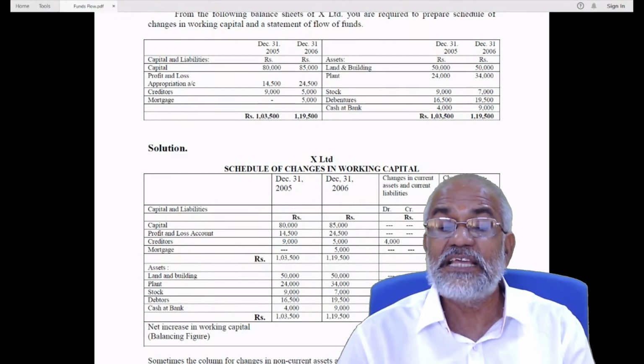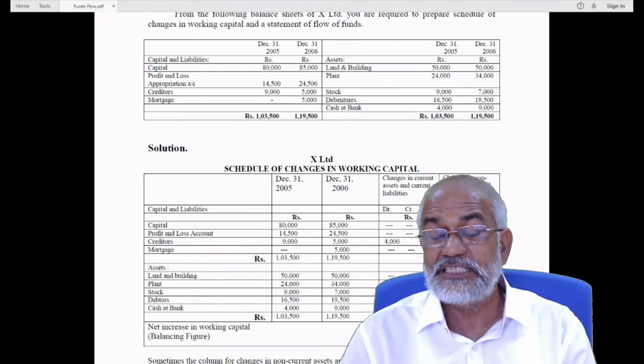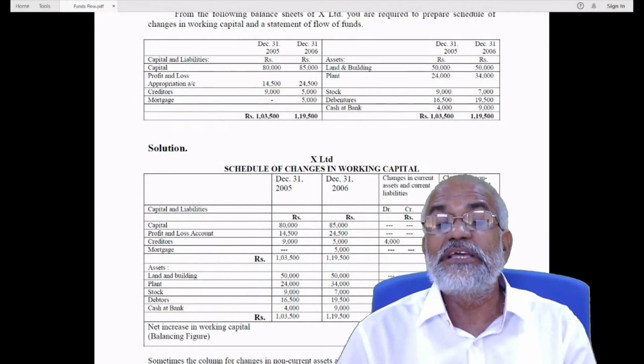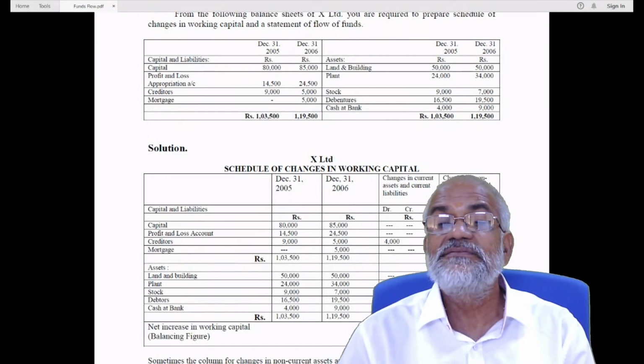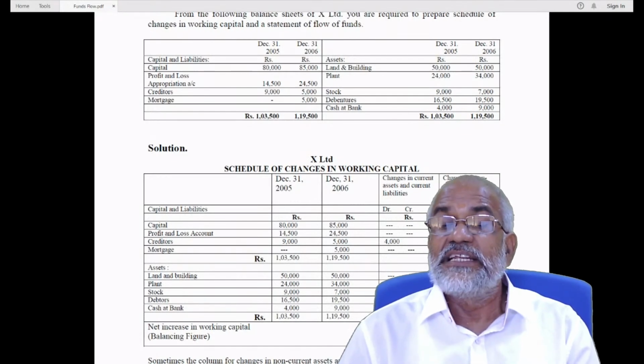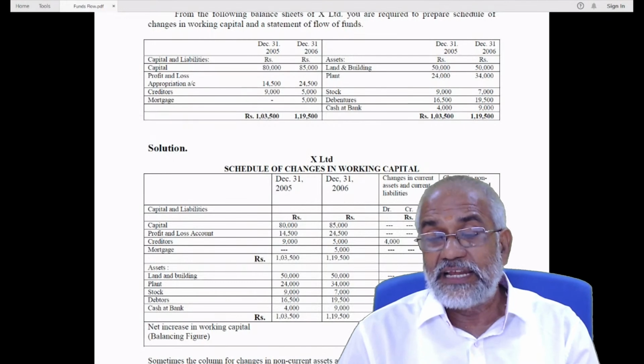So what is the very next step in preparation of the statement of changes in working capital? We need to total the last 4 columns. The last column total comes to 5,000 plus 10,000 plus 5,000, that is 20,000. That is the credit of the non-current category.